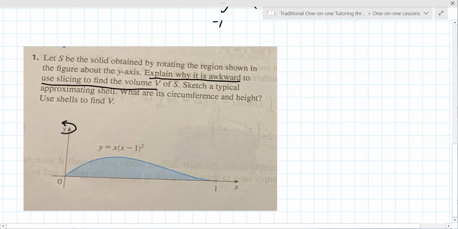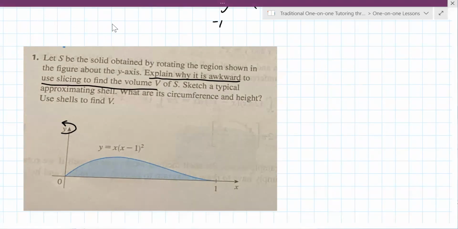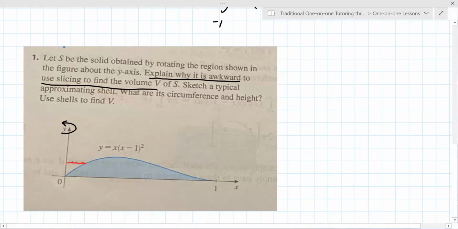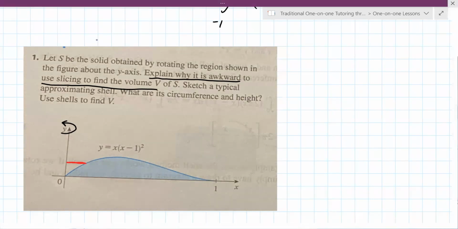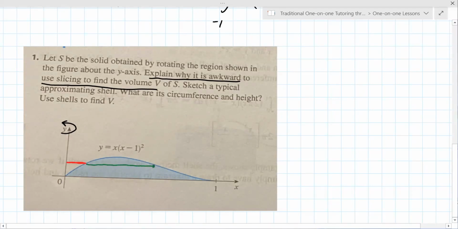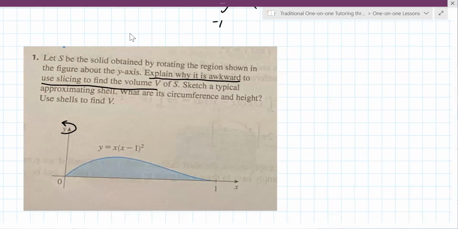The reason it's awkward is that you have to find this radius here, but then you've got this other region where it's not the right geometry. Maybe it's not clear here why this is not a good disk or washer problem.